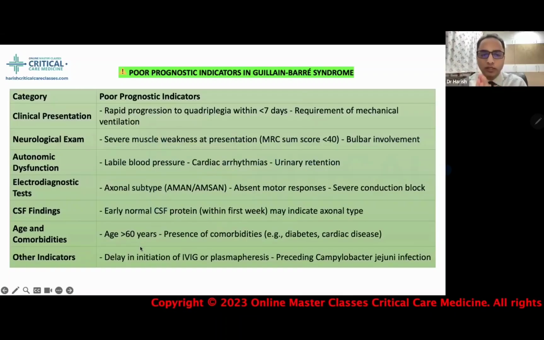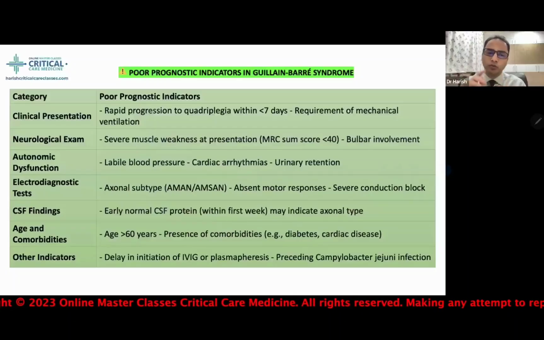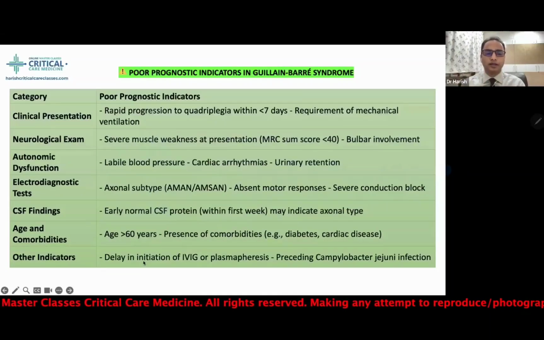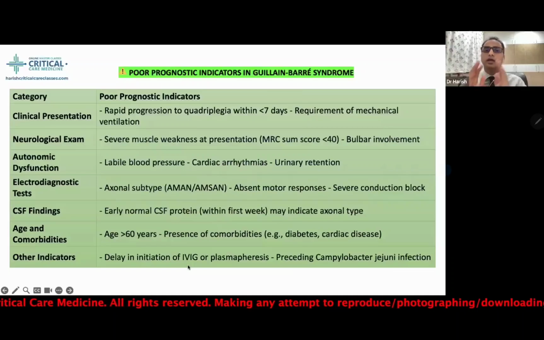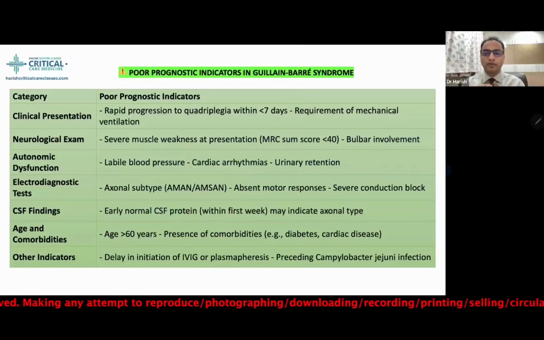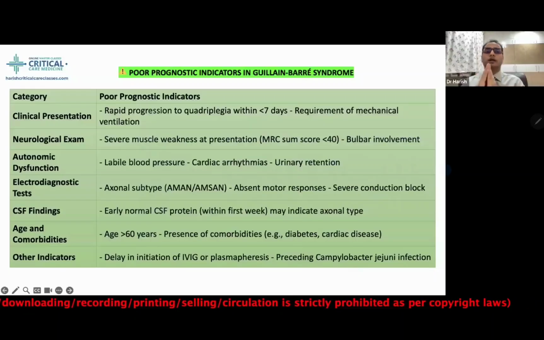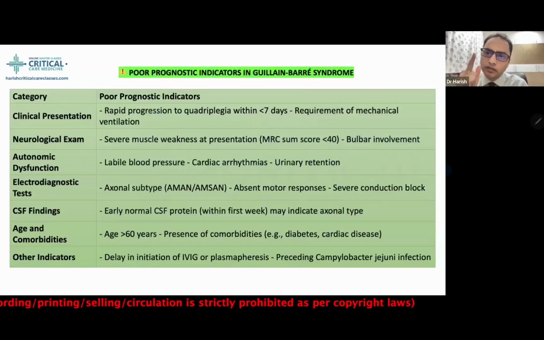Age and comorbidities: age more than 60 years, or comorbidities like diabetes or cardiac disease, mean poor prognosis. Other indicators: delay in initiating therapy, either IVIG or plasmapheresis, or a precipitating factor of Campylobacter jejuni. All these are poor prognostic indicators in GB syndrome.